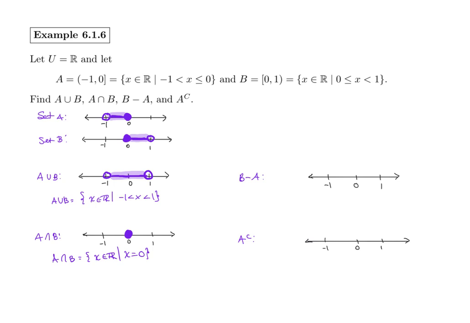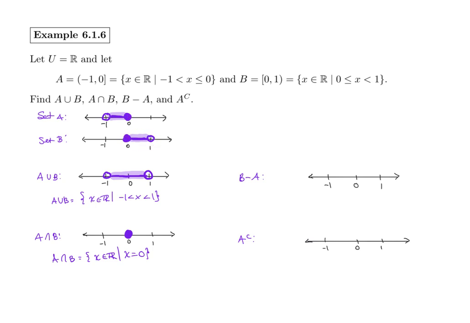So now, let's try finding something a little bit more challenging. Let's find the difference of B and A. So if you remember from our last class, that means we want to take everything that is in set B and remove from that any element of B that is in A. So if I look at set B, we just figured out that literally the only element in B that's in A is 0.